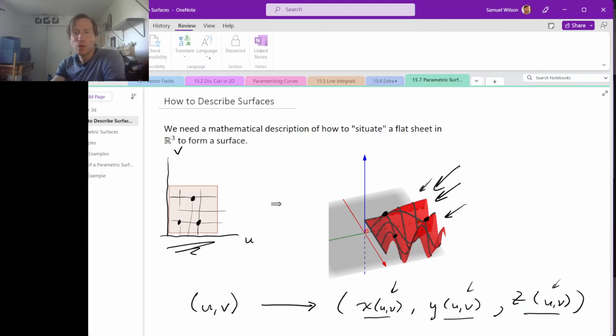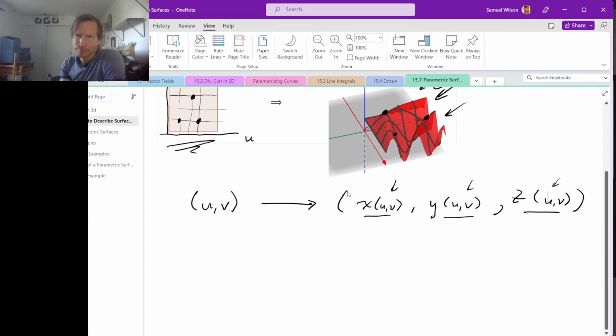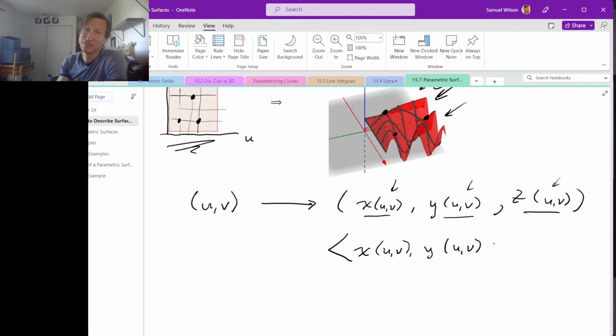Okay, so when we do this, the usual way that we would package up this kind of information is to write it as a vector valued function. And then we can imagine that the vector that this produces is always a position vector.